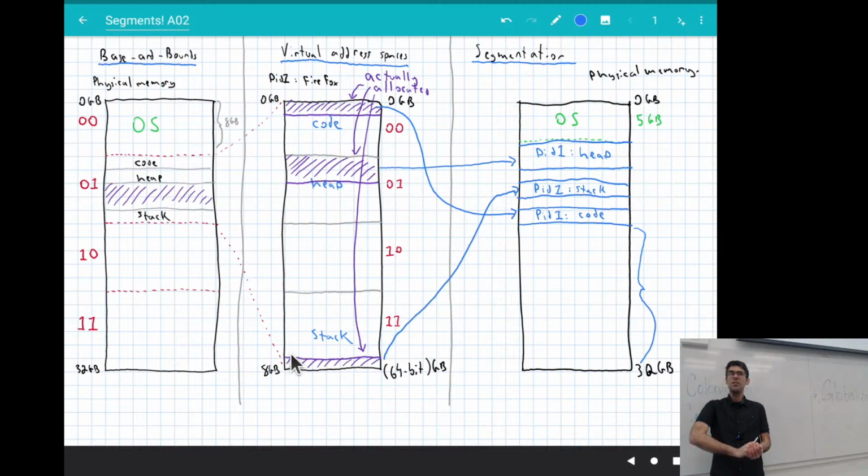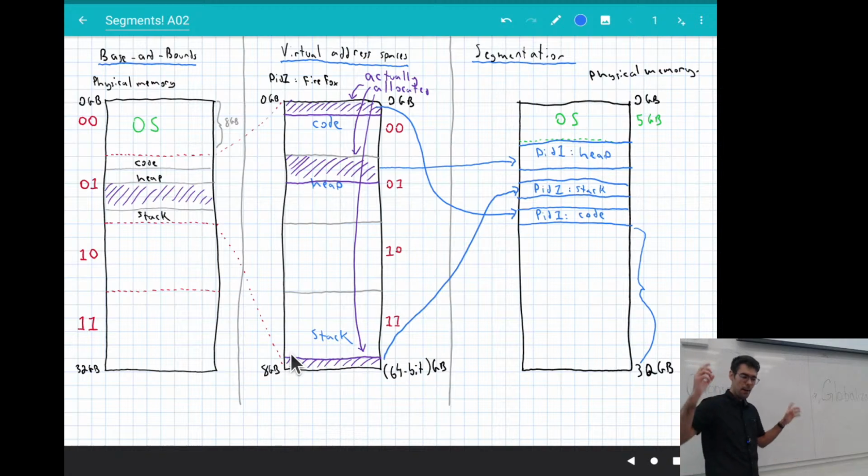We've defeated internal fragmentation. Congratulations, everybody, we did it. And we've backed ourselves into a different corner instead of with internal fragmentation. But we will get to that when we get to it.